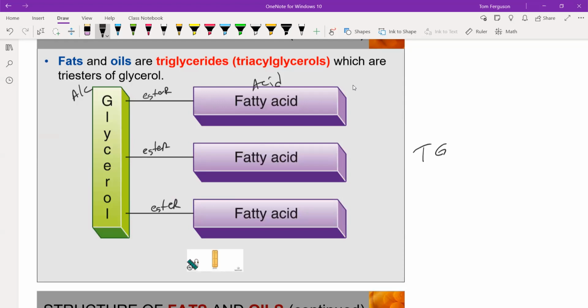TGs. When you get a metabolic panel on your blood test, which includes the lipid panel, you'll see a TG on there, and that stands for triglycerides. That's an important value, by the way. They'll talk about LDL, low density lipoprotein, and there are 2 forms of that.